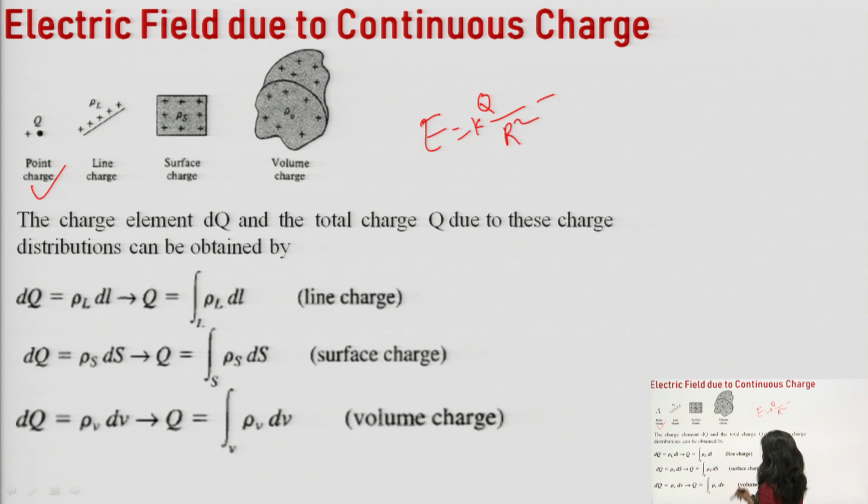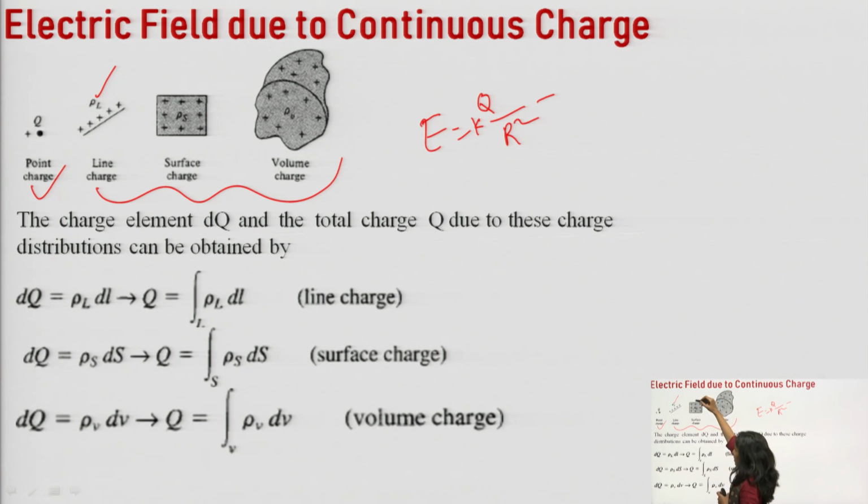Now for all three continuous charge cases we need to find dq, and for line charge usually line charge densities are given. So with the help of this we can find the value of dq.